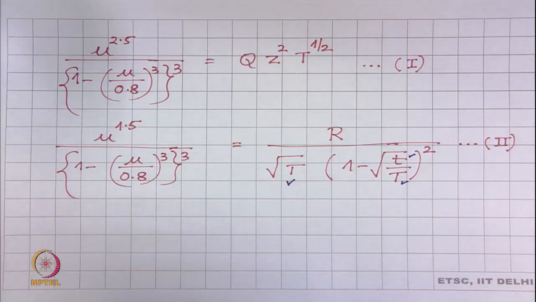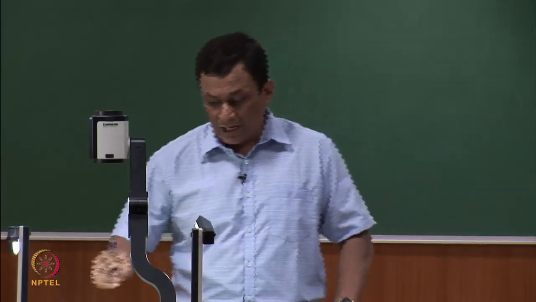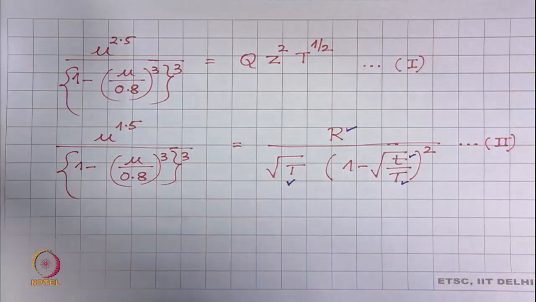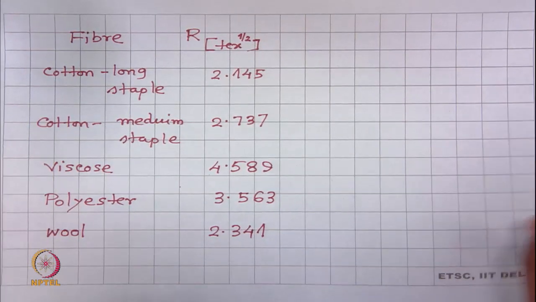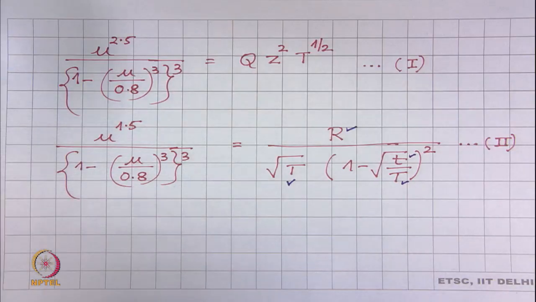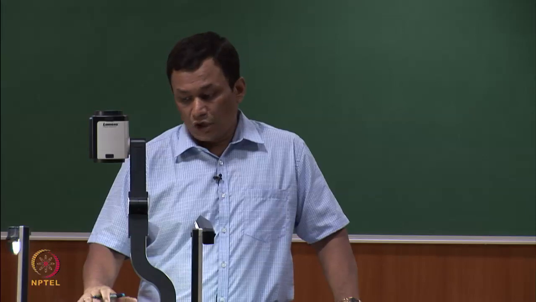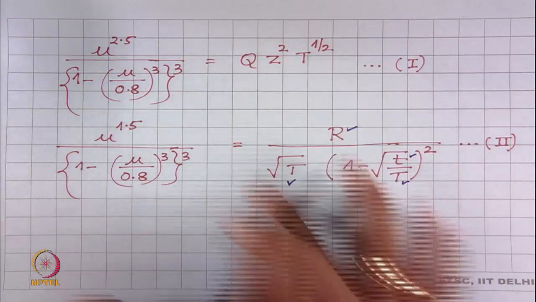The moment you know about fiber, whether it is cotton fiber or polyester fiber or viscose fiber, that means you are aware about R. How? Because you know about this value. So, you know about R. That means the right hand side of second expression you will be able to calculate the value.